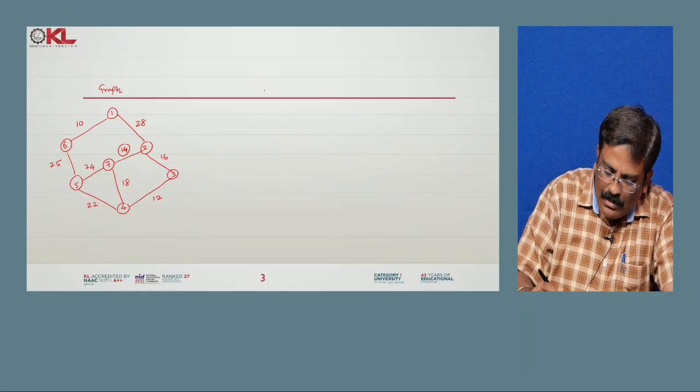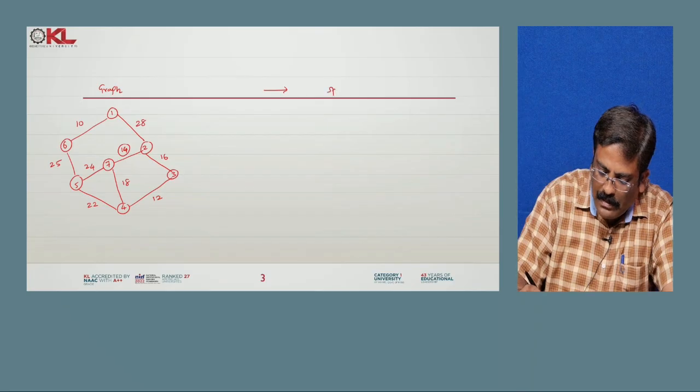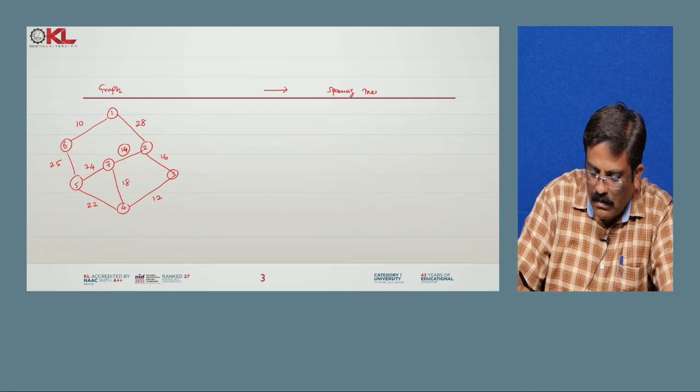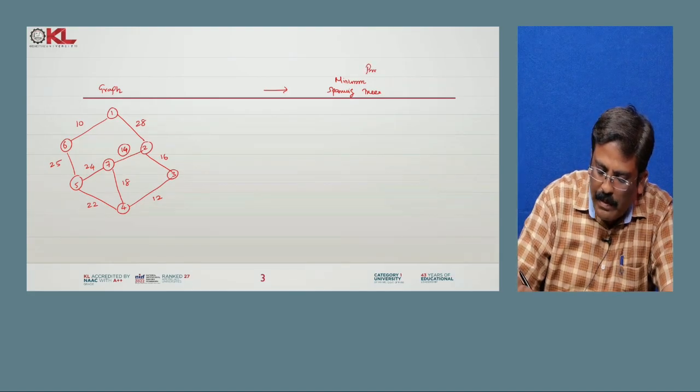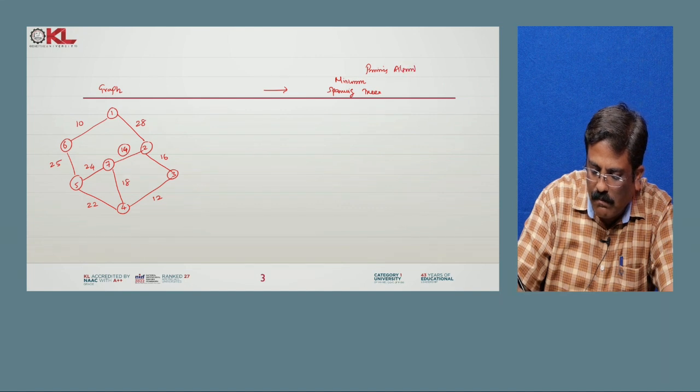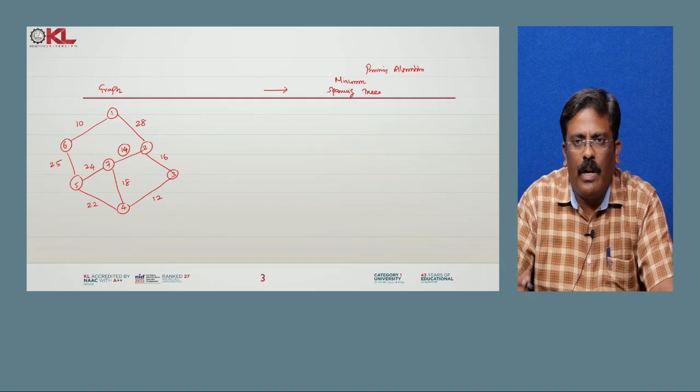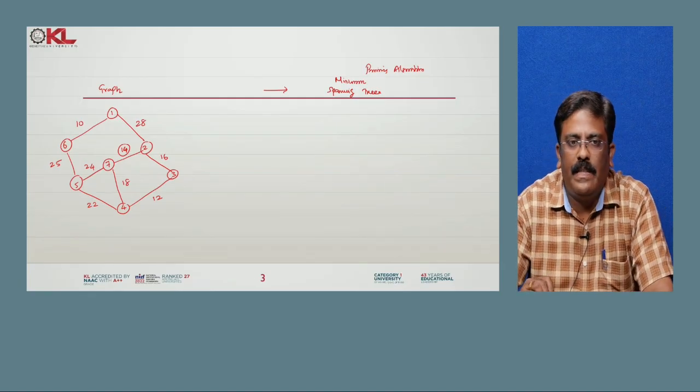Now our job is to form a spanning tree. What spanning tree? A minimum spanning tree, using Prim's algorithm. So what does Prim say?